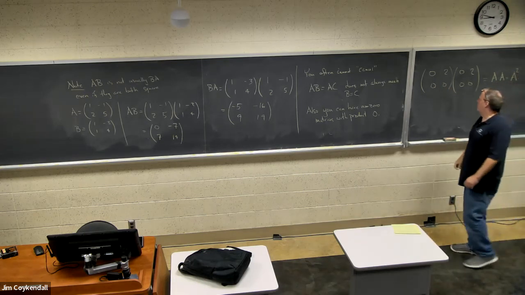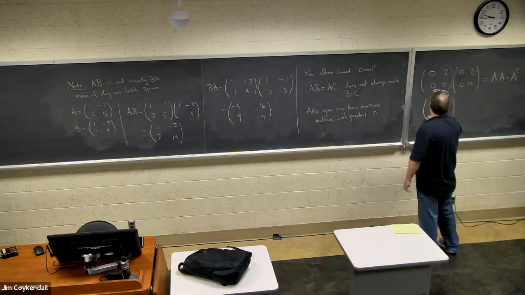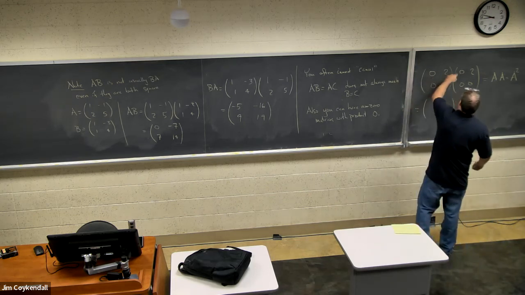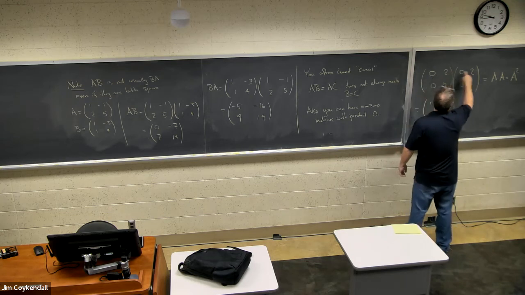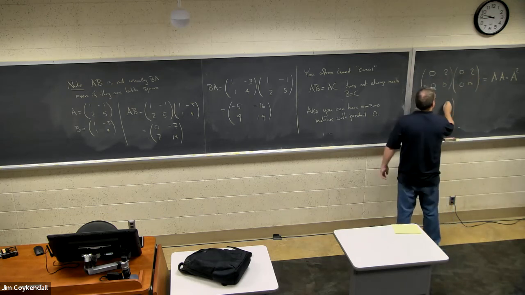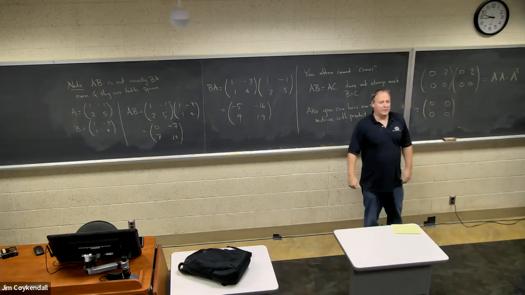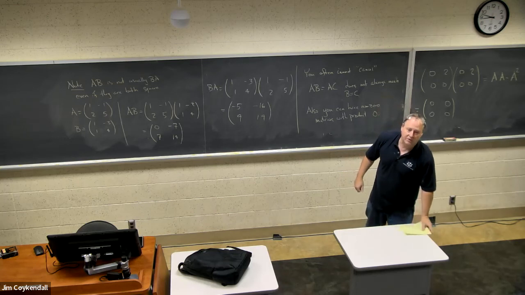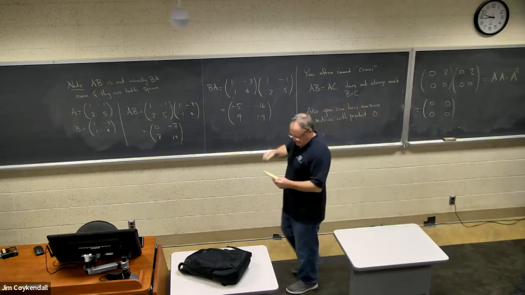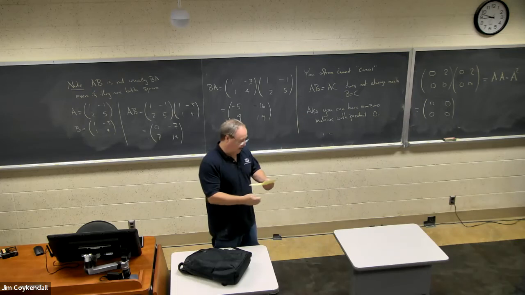Notice when I multiply this row with this column, it's 0. This row with this column, and the twos miss each other. And then this row, 0. So notice I multiplied two non-zero things. In fact, I squared something non-zero and I got 0. That's something else that you have to look out for.